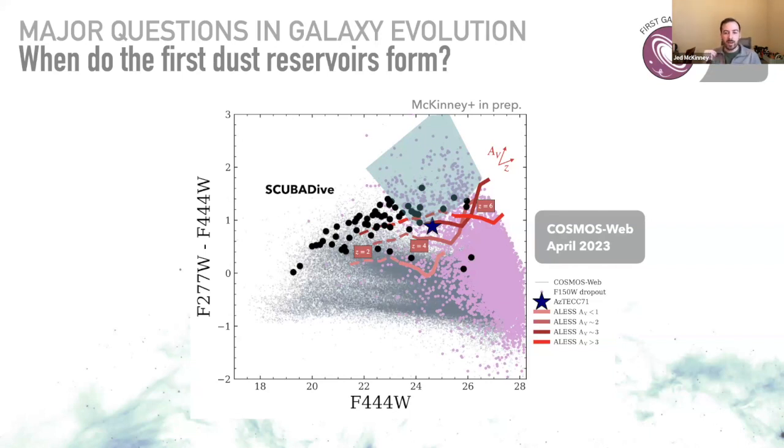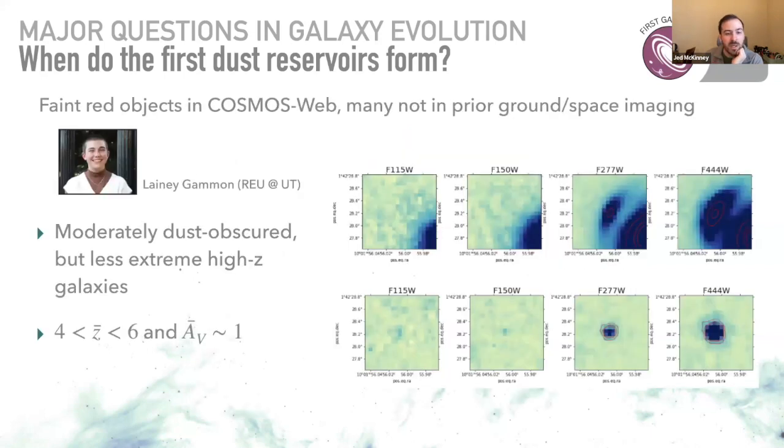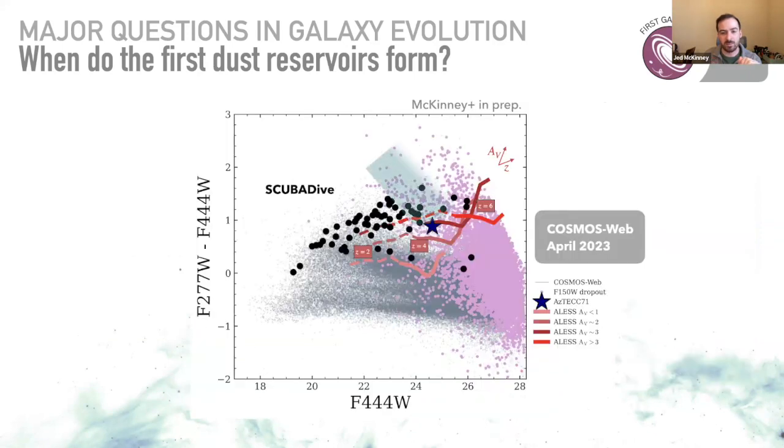And one of our students here, so I'm going to show some work done by Lainey Gammon. She was here at UT this past summer for a summer REU, and she's digging into this population of just very red galaxies in the COSMOS-Web data. So just kind of looking at galaxies in that shaded region.